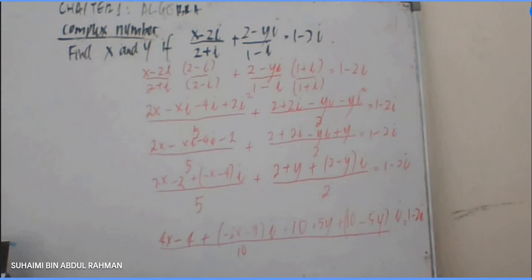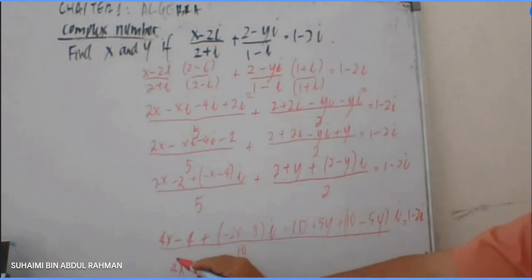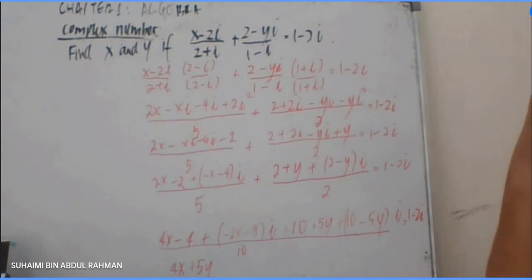So what do we have is, for x plus 5y, now we talk about real parts.